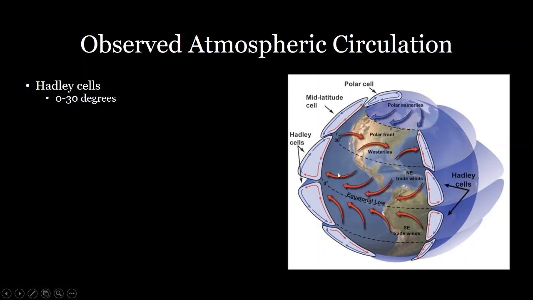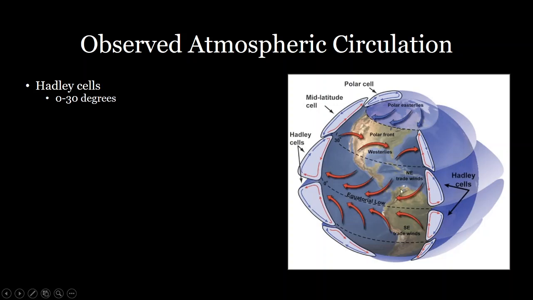The first cell, that first area of atmospheric circulation, is called the Hadley Cell, and that's between the equator and 30 degrees latitude. So there's the northern Hadley Cell, which is the equator to 30 degrees north, and the southern Hadley Cell, which is 0 to 30 degrees south.